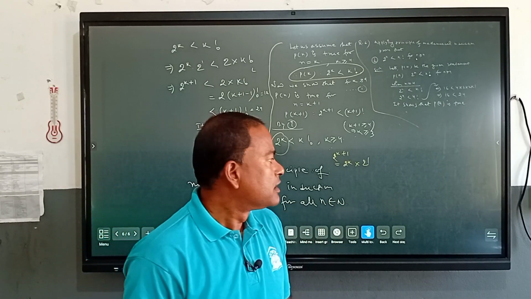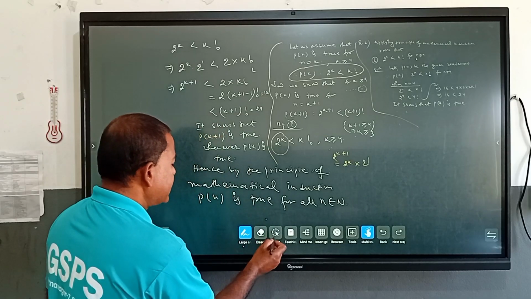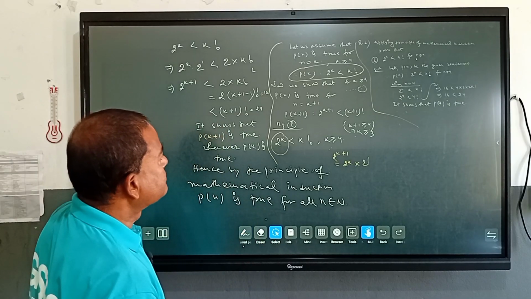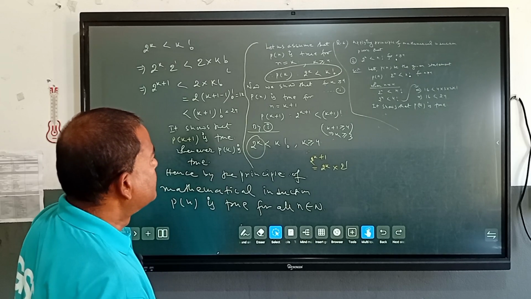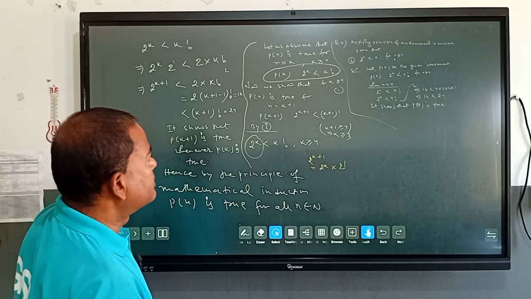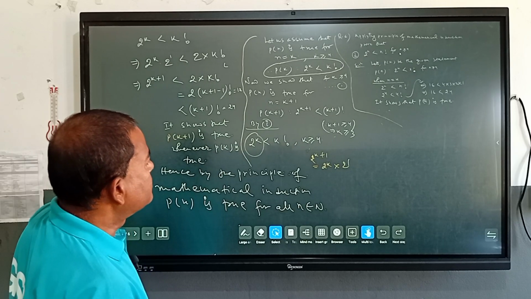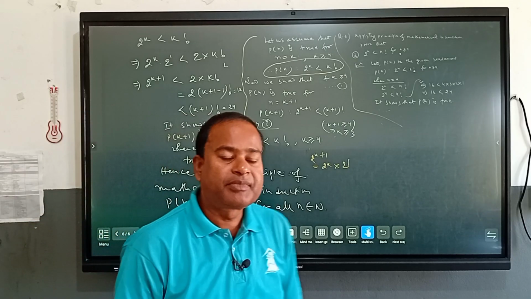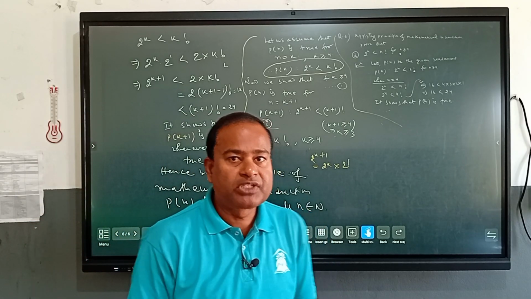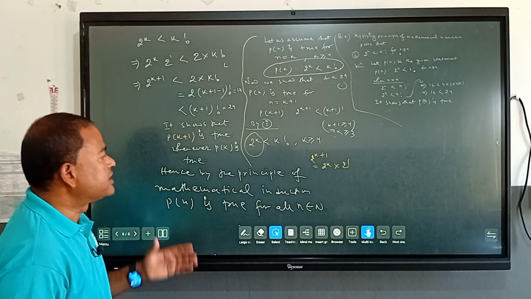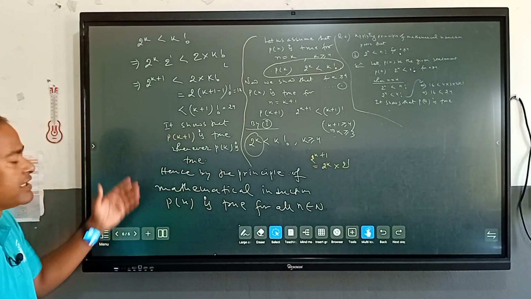So dear students, in this way we can conclude that the given statement is true for all natural numbers n belongs to N. So if you want to take a screenshot of this solution, you can take it.